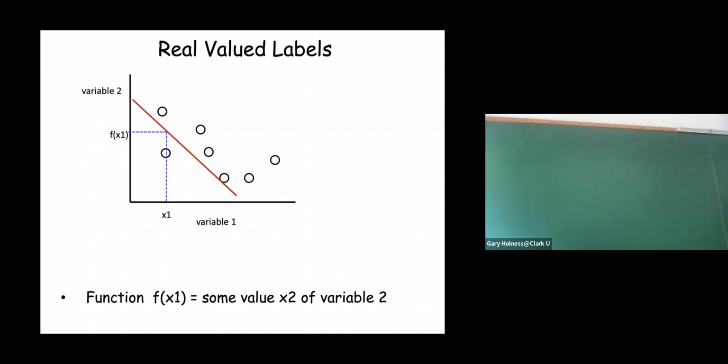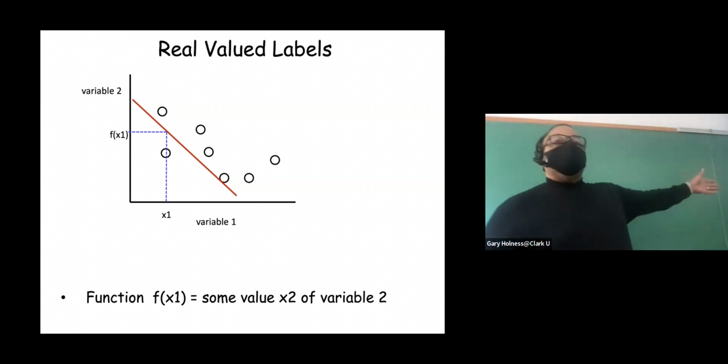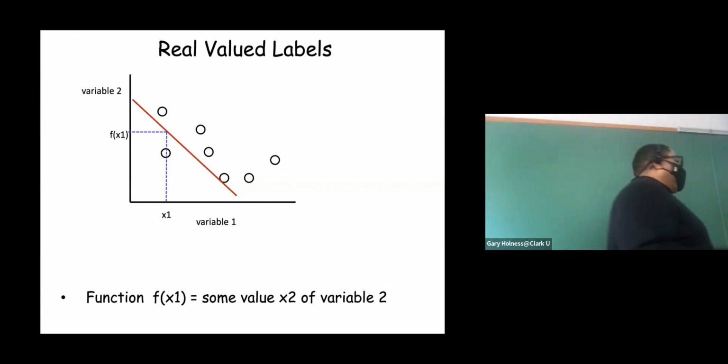And so if you have some feature set, in this case in 2 dimensions, the first feature along the horizontal axis could be your real valued label associated with each data point, or the second feature along the vertical axis in this diagram could be your label.